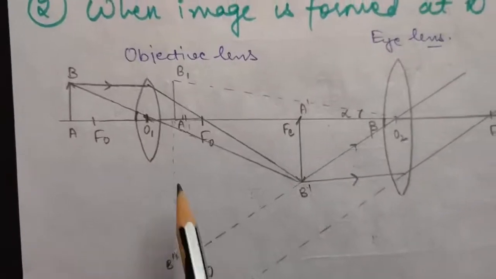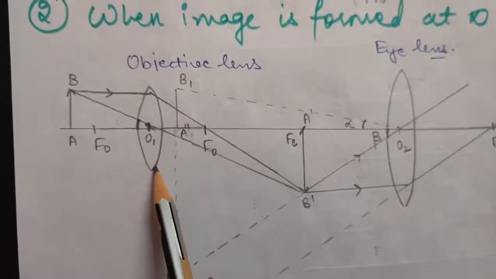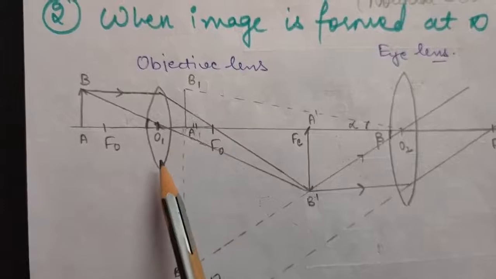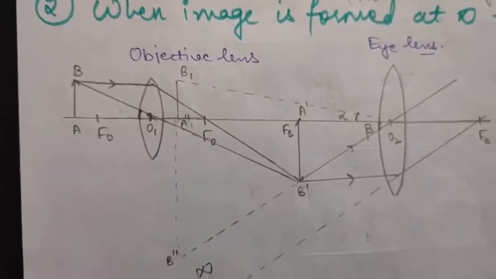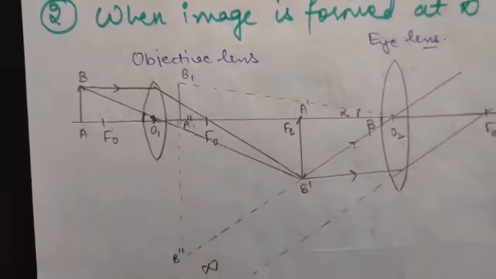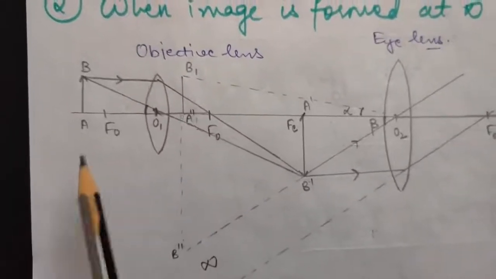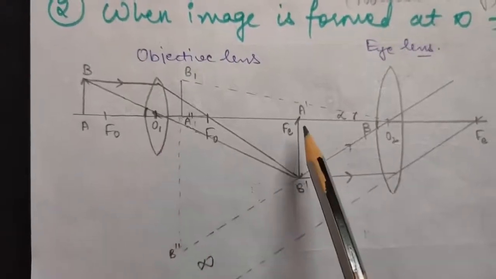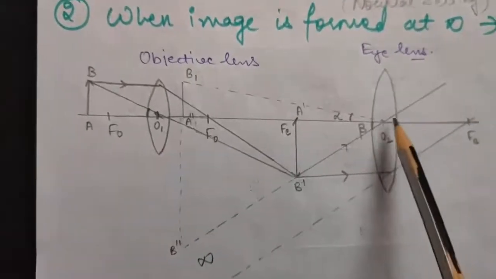Okay, so as you know, in compound microscope there is an objective lens and there is an eye lens. Objective lens is of small focal length as compared to eye lens. Okay, so now see, to form the image at infinity, so this is your f0, that is focus point for your objective lens. This is your fe, that is focus point for eye lens.